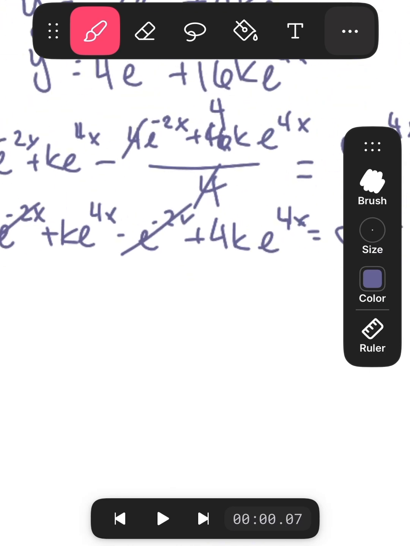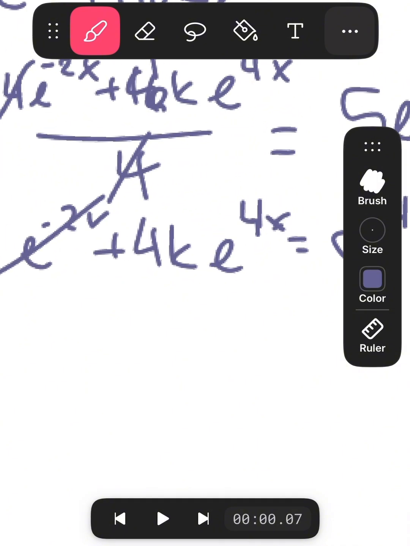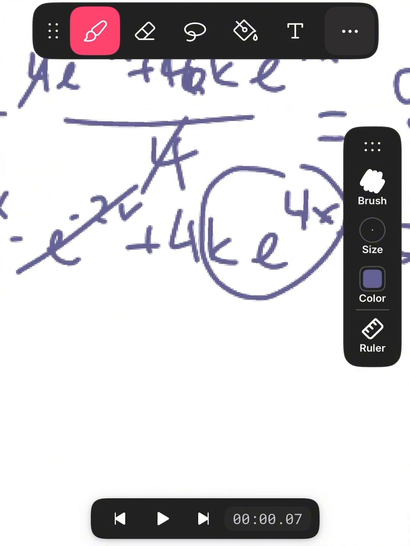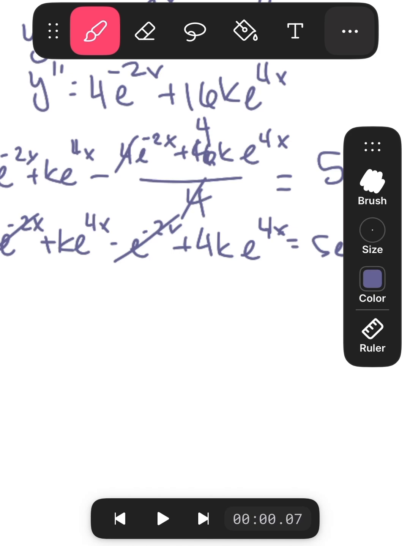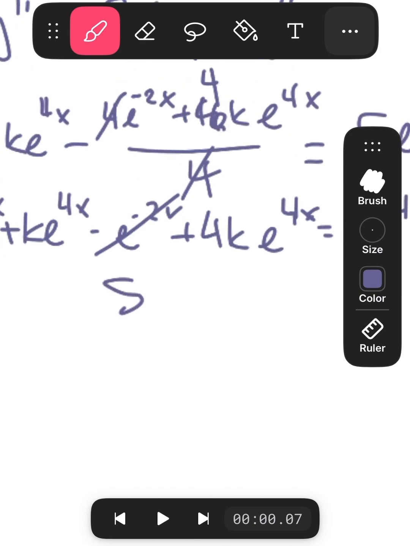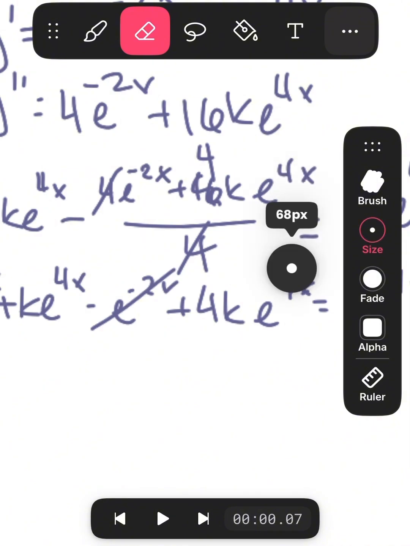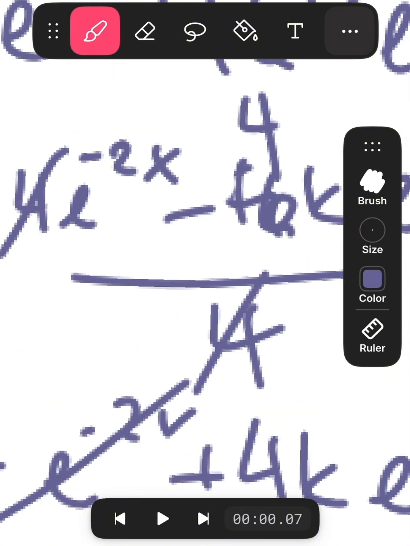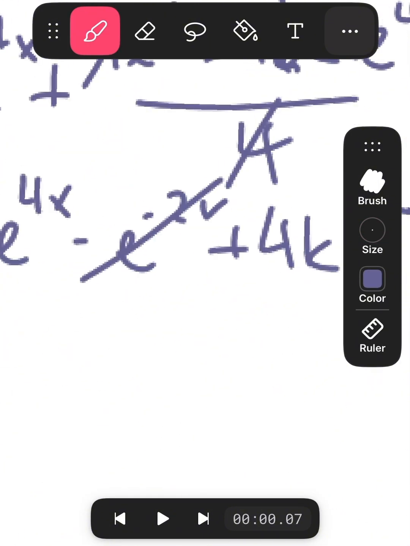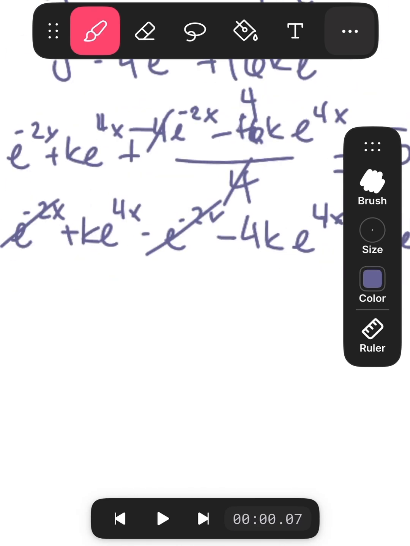So now we're going to have k e to the 4x minus 4k e to the 4x. Because these two terms have the same form, we can combine them. Sorry, it should be negative 4k there.